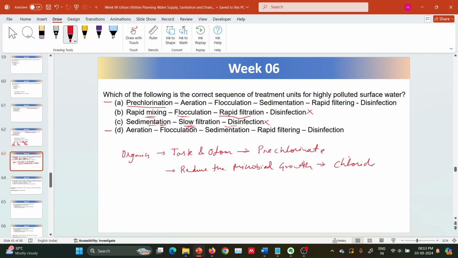Pipes and other units may have microbial growth, which can affect the treatment efficiency. That's why we provide chlorine before disinfection. At disinfection also we can provide chlorine, but in order to increase the efficiency for all the units, we can pre-chlorinate also. After that, aeration, flocculation, sedimentation, filtration we have discussed in the first slide itself. So the answer is A here.